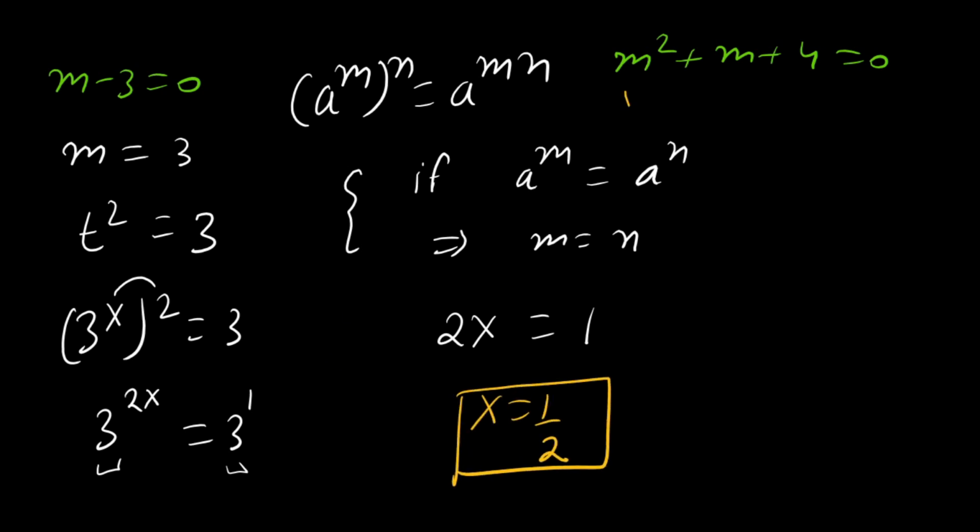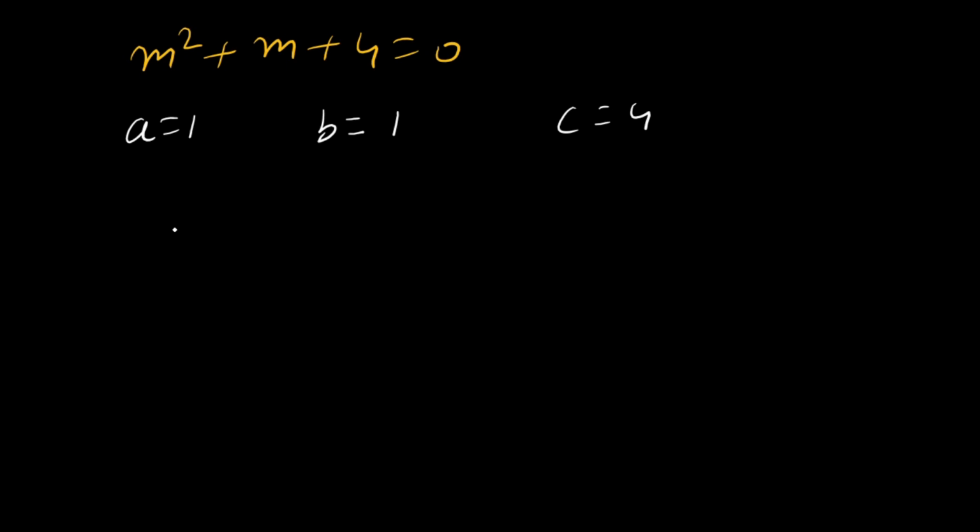Now here m square plus m plus 4 is equals to 0. First we will check discriminant of this quadratic equation because we will talk about only real solutions. So value of a is 1 and value of b is 1 and value of c is 4, and we know that discriminant is b square minus 4ac.